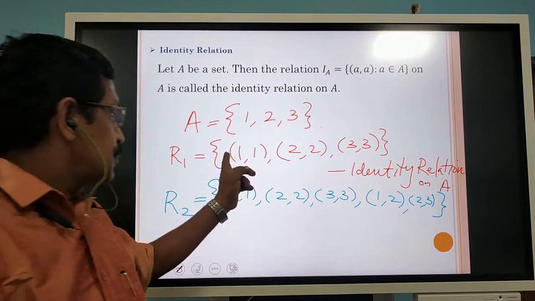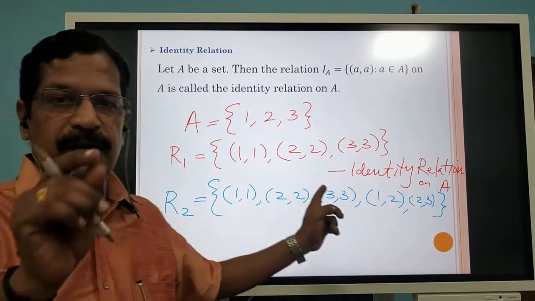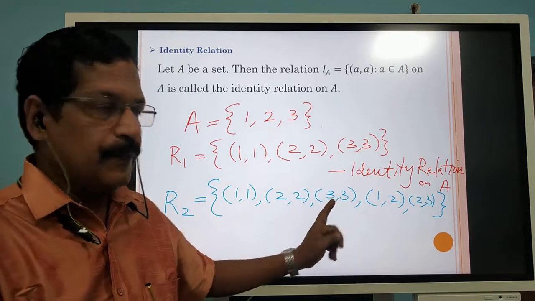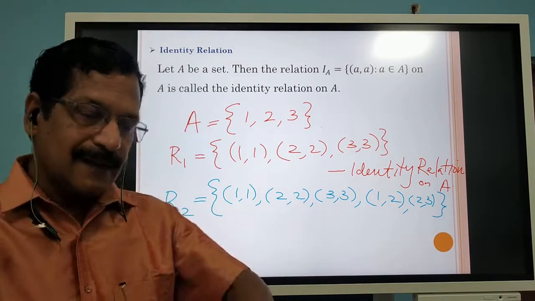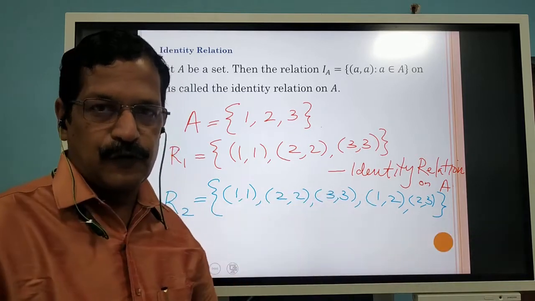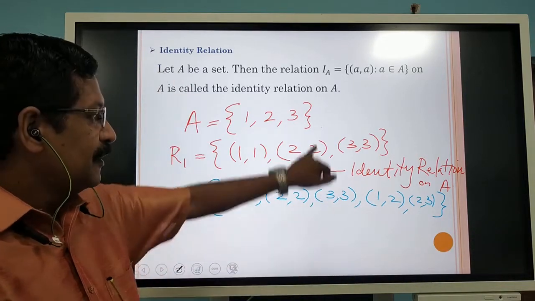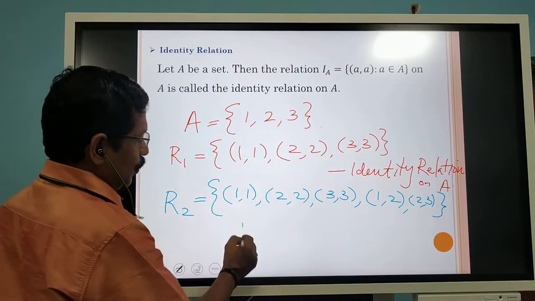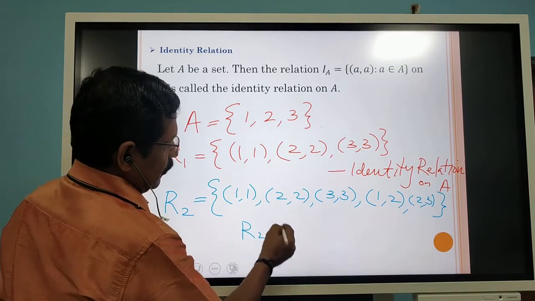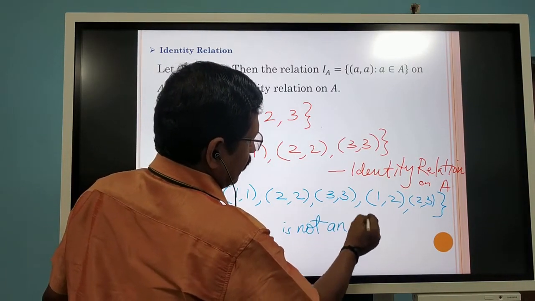So we have two relations, R1 and R2. In R1, every element is related to itself only. And in R2, every element is related to itself as well as to some other elements also. So R2 is not an identity relation.